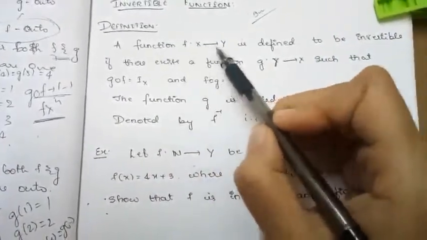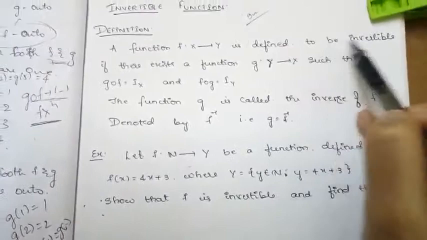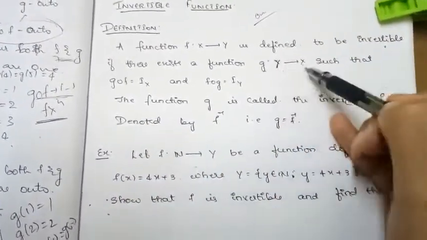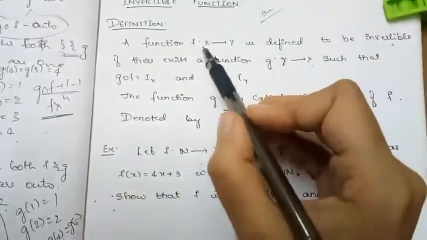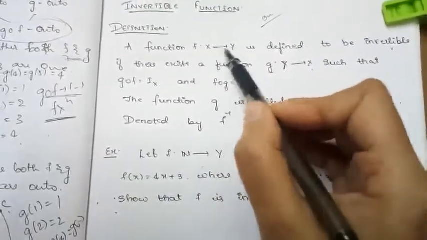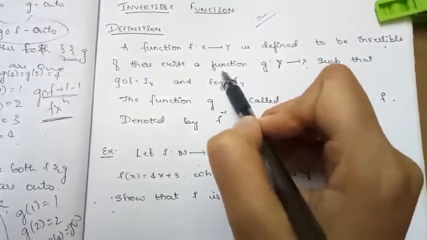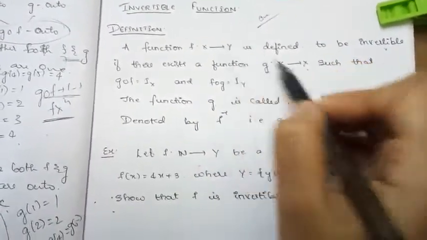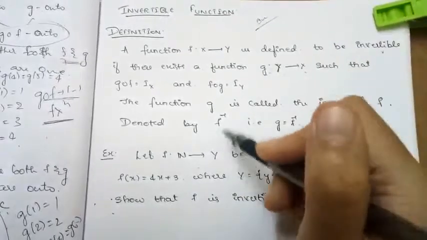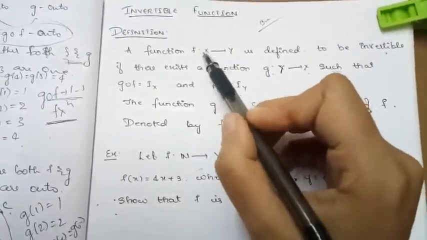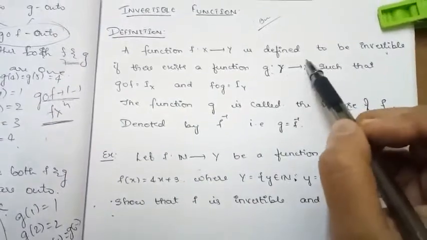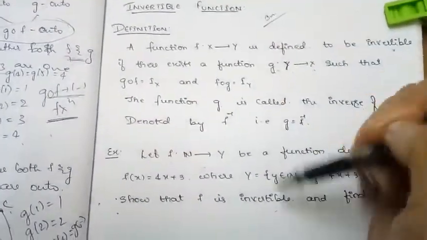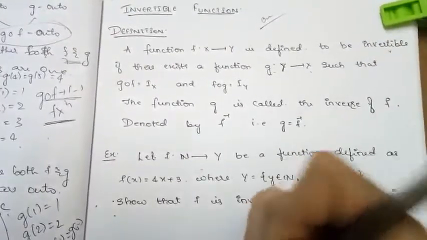A function f from X to Y is defined to be invertible if there exists a function g from Y to X. Meaning, if a function f from X to Y is there, and there exists another function g from Y to X, then what was the domain in the function f has changed into the codomain in the function g, and what was the codomain in the function f has changed into the domain in the function g.